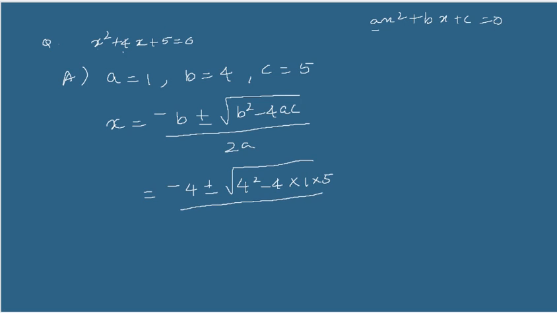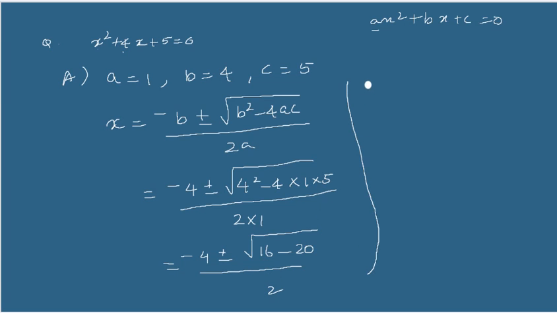The whole divided by 2a, that is 2 into 1, which is equal to negative 4 plus or minus square root of 4 square is 16 and 5 fours are 20, 16 minus 20, divided by 2. Now this is equal to minus 4 plus or minus square root of 16 minus 20.